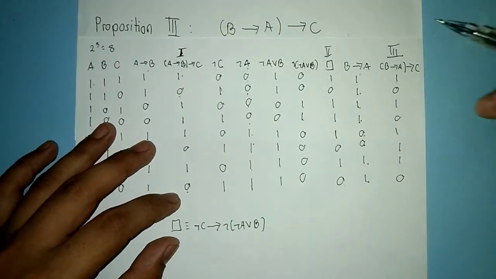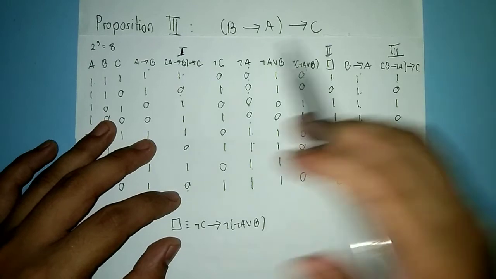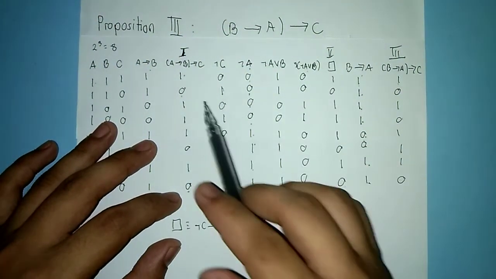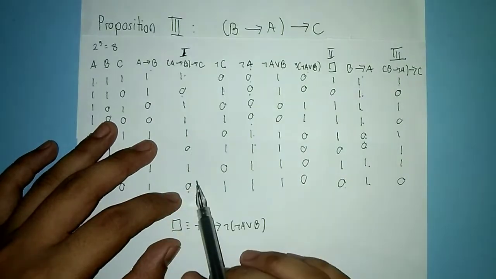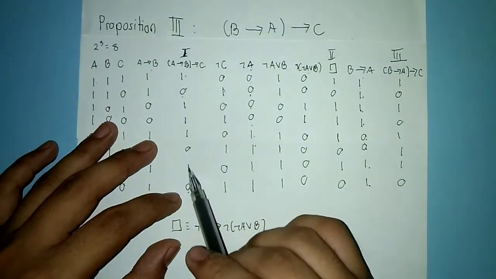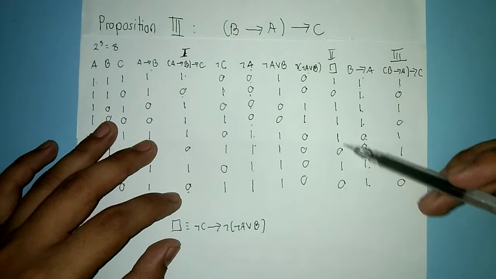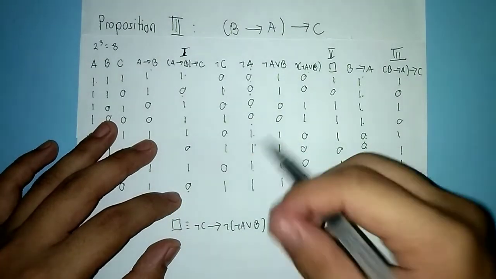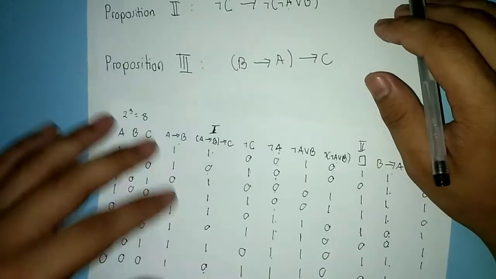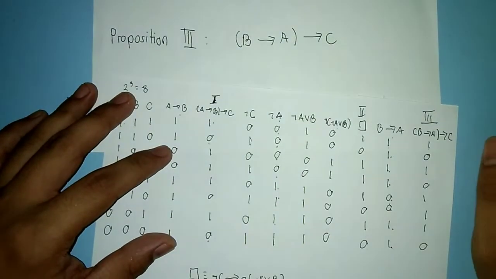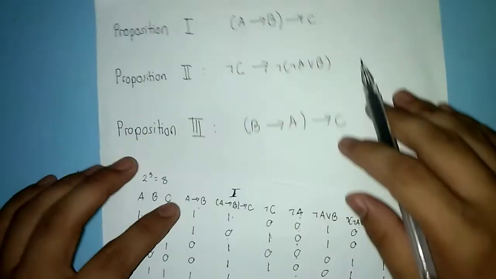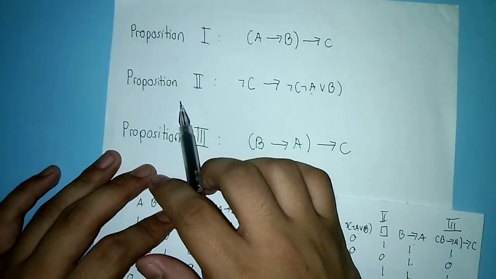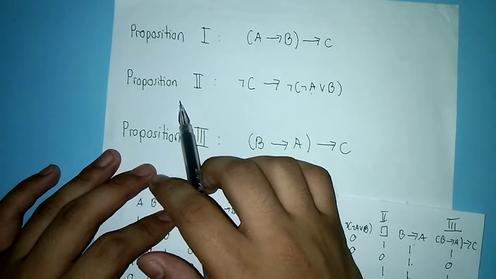So what do you notice here? We notice that the first proposition and the second proposition are the same: 1 0 1 1 1 0 1 0 and 1 0 1 1 1 0 1 0. Propositions like that are logically equivalent. Meaning proposition 1 and proposition 2 are logically equivalent to each other.